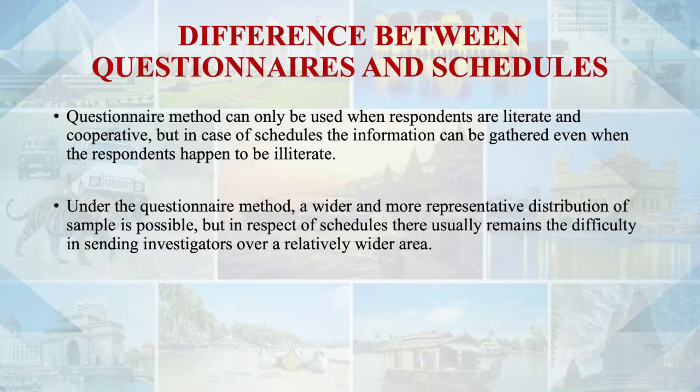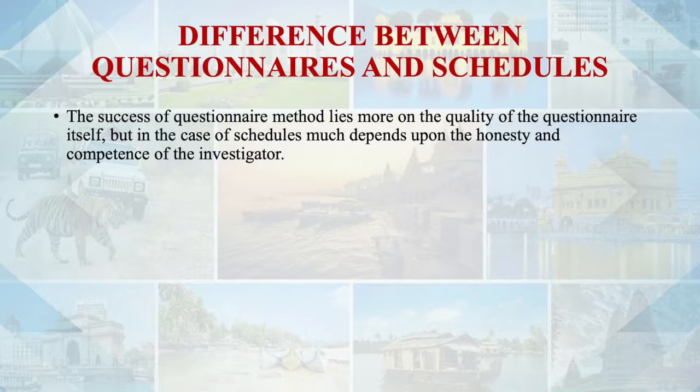But in respect of schedules, there usually remains the difficulty in sending investigators over a relatively wider area. The success of the questionnaire method lies more on the quality of the questionnaire itself. But in the case of schedules, much depends upon the honesty and competence of the investigator.